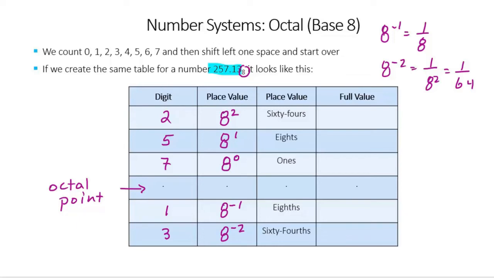So to understand this number in the more common decimal system, we read the digit and multiply by its place value.